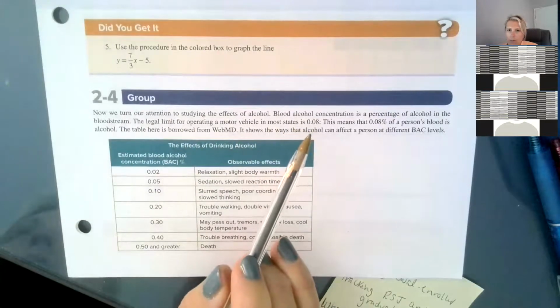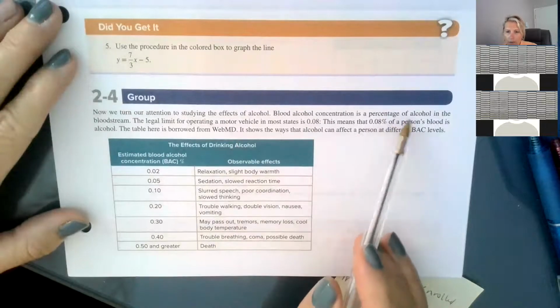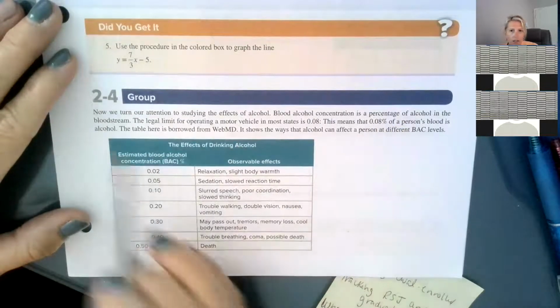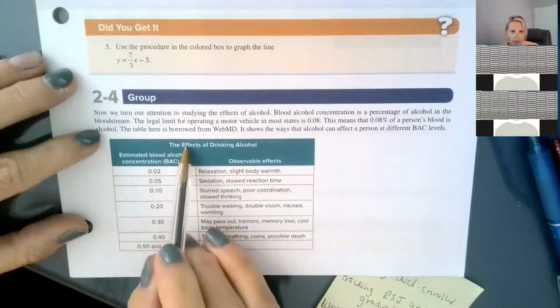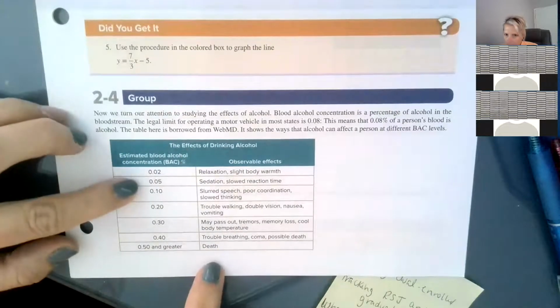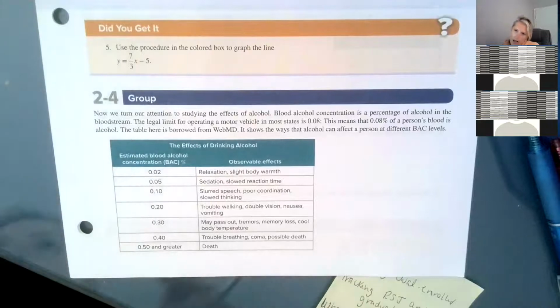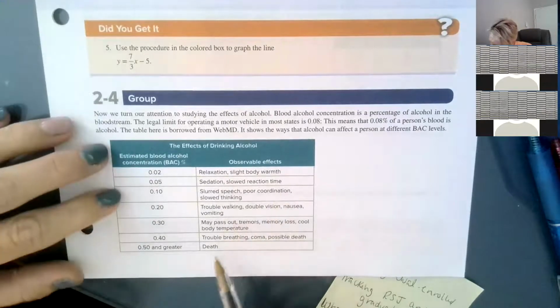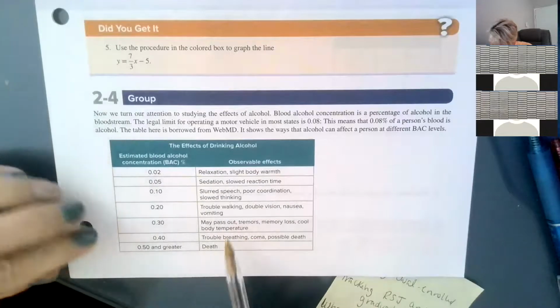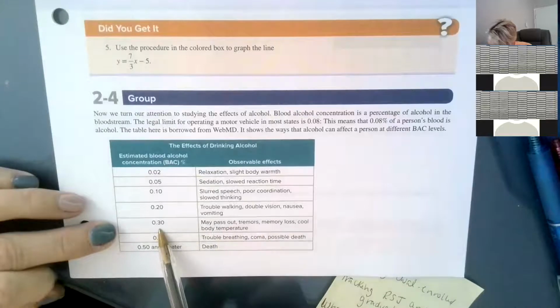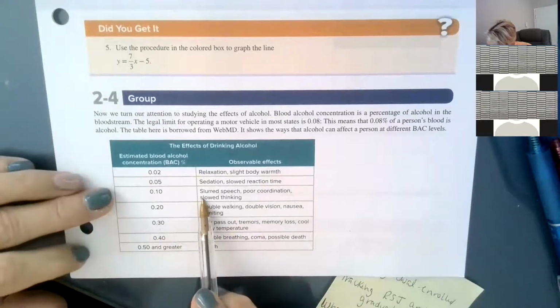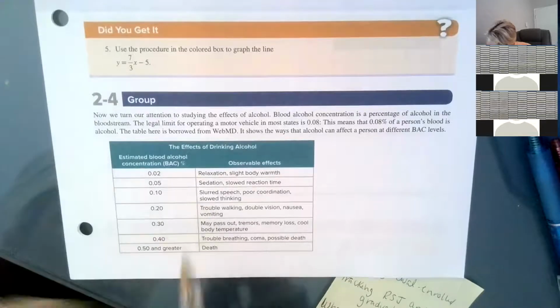This means that 0.08% of a person's blood is alcohol. So the table here is from WebMD and tells how a person is affected with different BAC levels. So may pass out, tremors, memory loss, cool body temperature at 0.3, slurred speech, poor coordination, slow thinking at 0.10.